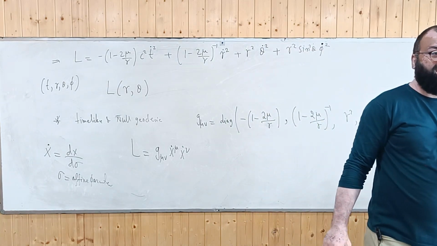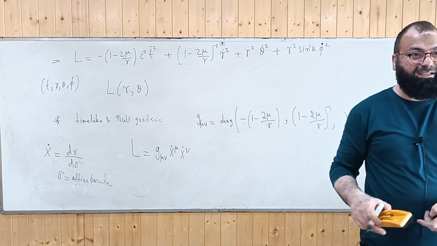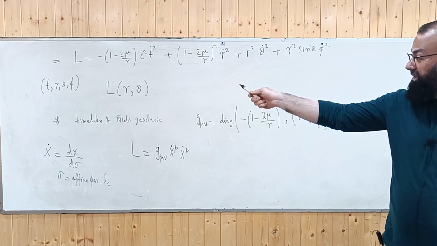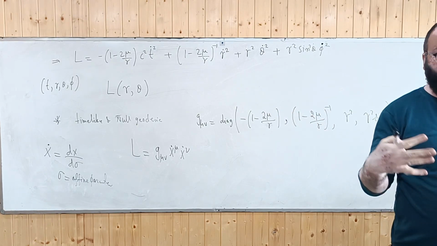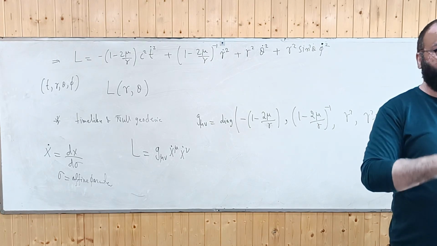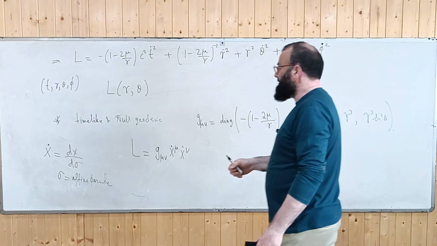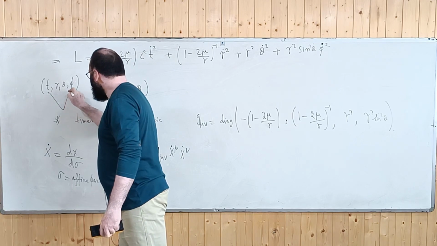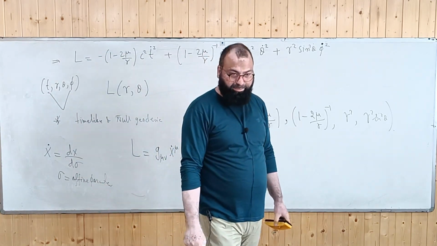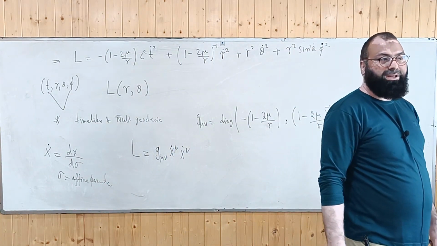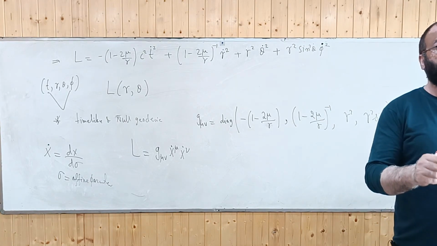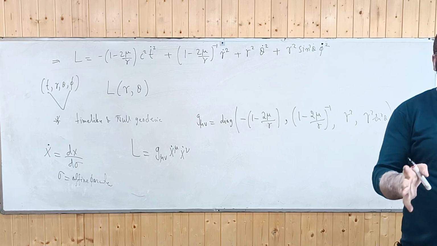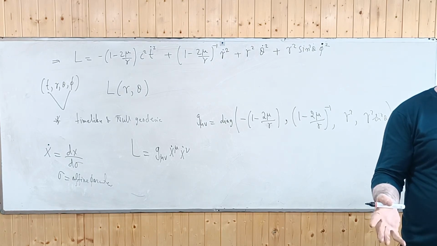But if the Lagrangian does not depend on a given coordinate, let's say it does not depend on t and phi, then what do we call those variables? Ignorable variables. So t and phi are ignorable coordinates. When you have an ignorable coordinate in a given Lagrangian, it means the conjugate momentum corresponding to those variables remains conserved.